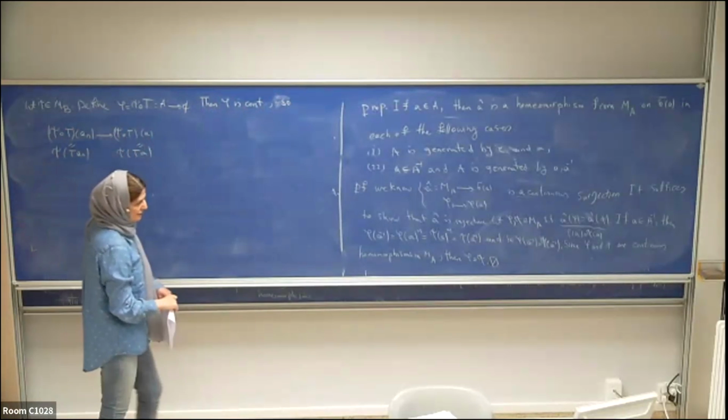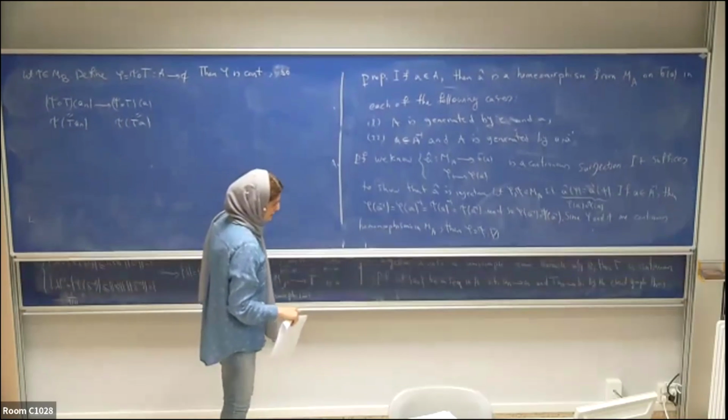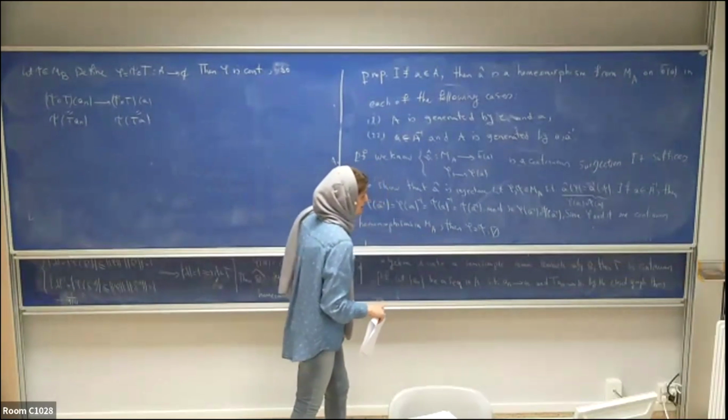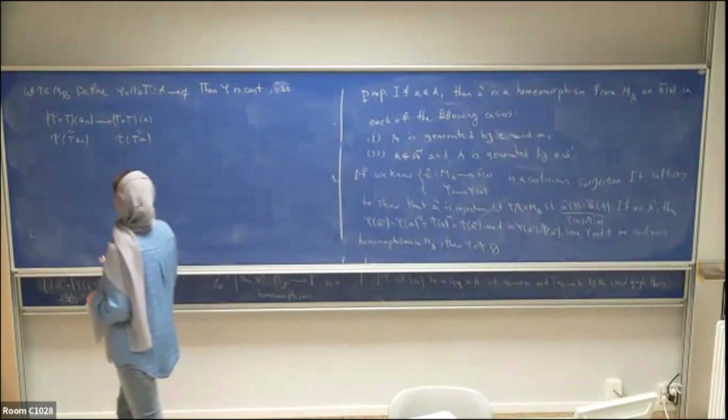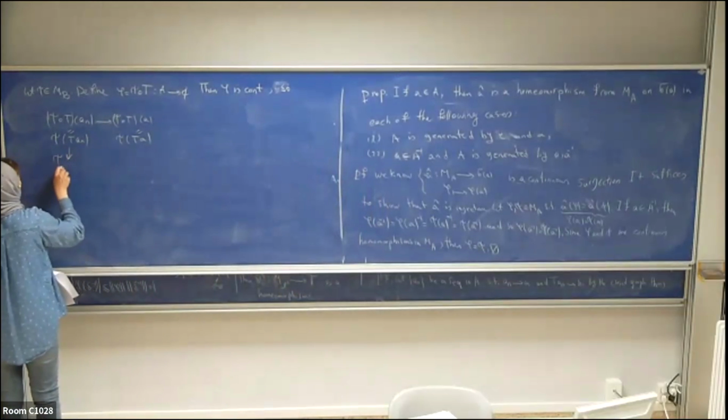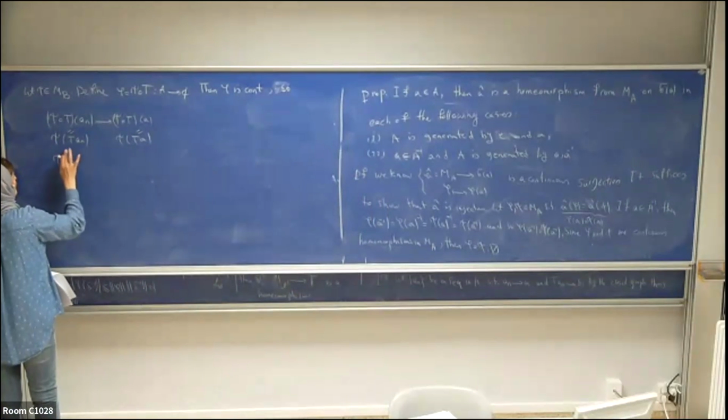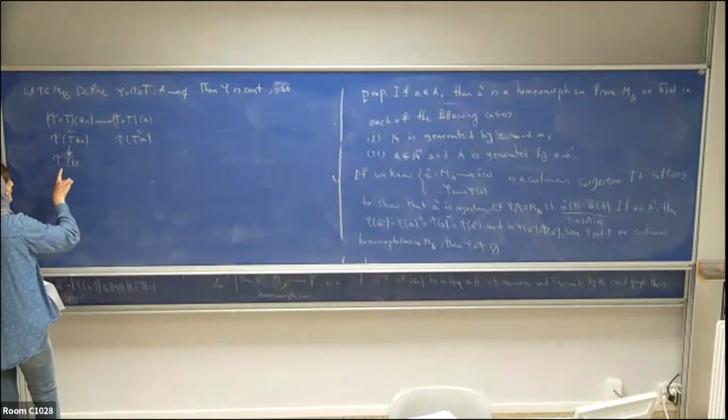But we know that T of a_n goes to b, and psi of T of a_n goes to psi of b. So on the other hand, it goes to psi of b. Okay, the limit should be unique.